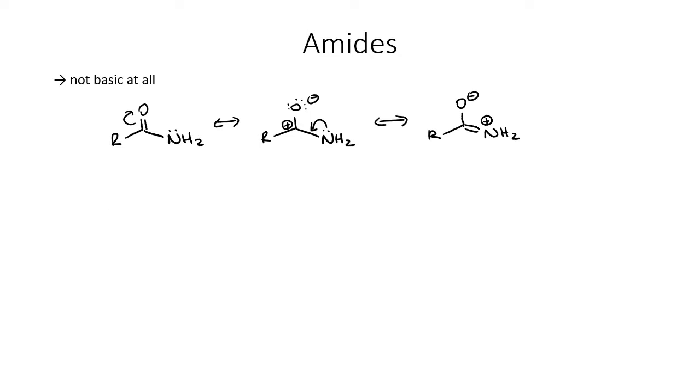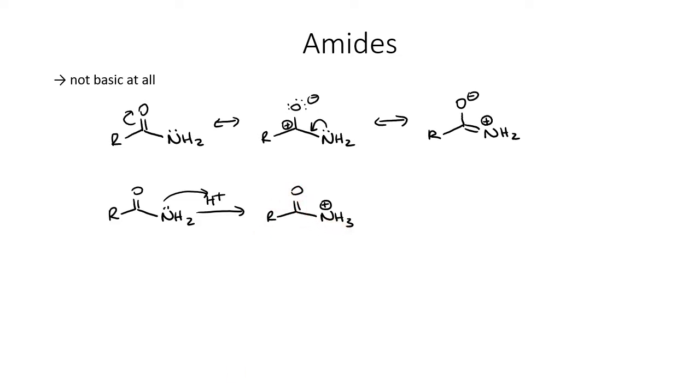Now, if we were to take this same amide and protonate the nitrogen instead, we would create an aminium ion where we have the positive charge on the nitrogen.